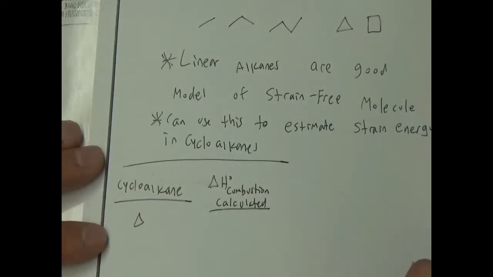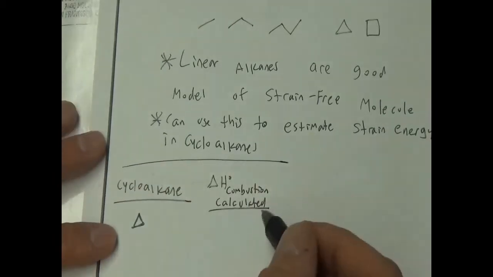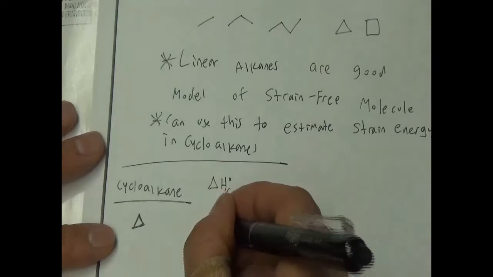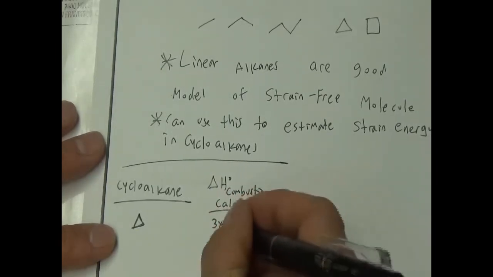And so what about cyclopropane? How many carbons are in cyclopropane? There's 3, right? So what would our calculated combustion energy be? It would be 3 times negative 157.4.